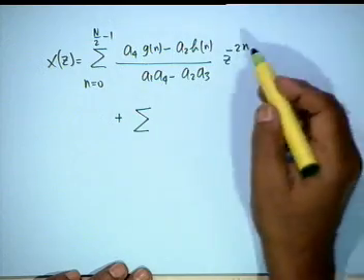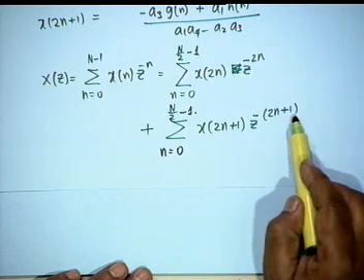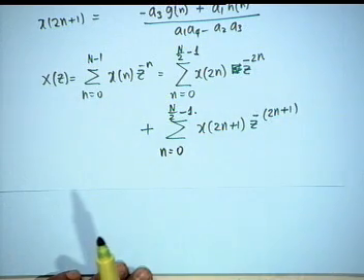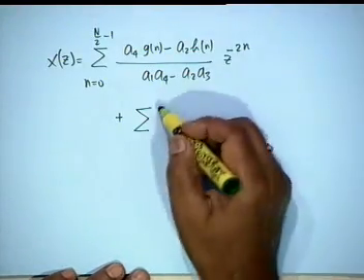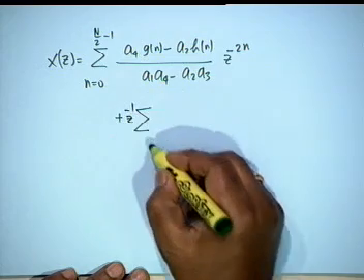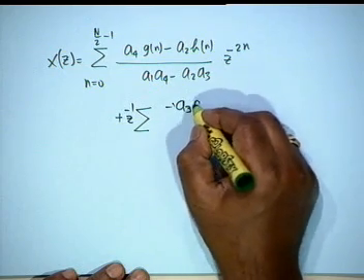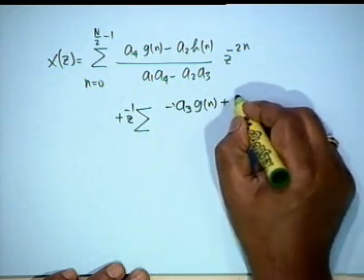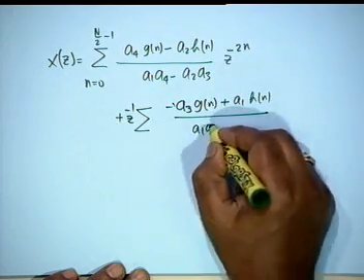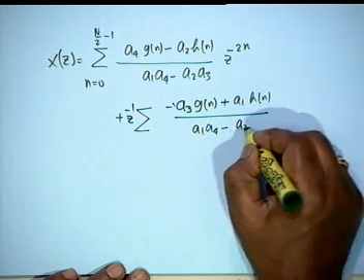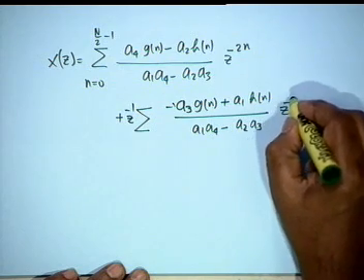So, instead of writing in the second one Z to the minus 2n plus 1, I can take Z inverse out, then I can combine the two summations. So, I take Z inverse out and I write minus A3 g of n plus A1 h of n divided by A1 A4 minus A2 A3 Z to the minus 2n.